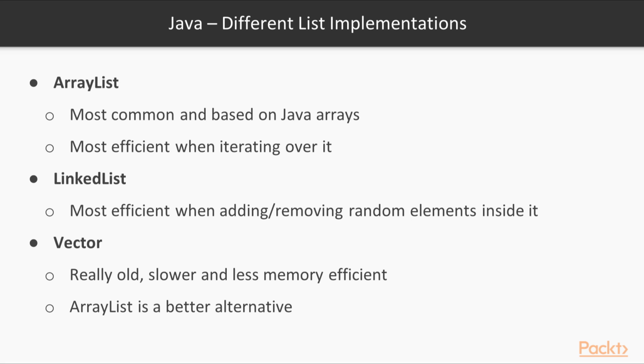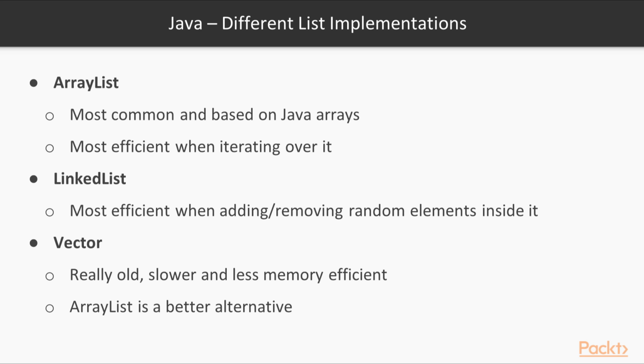As we've mentioned, the Java list is an object, an interface, and all its implementations are normal Java classes. Let's now go through the main implementations of the list interface. The first one, which tends to be the most popular, is ArrayList. This is based on arrays, which means it's quite fast when iterating over it.